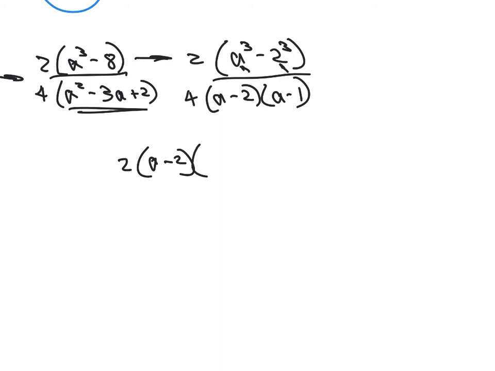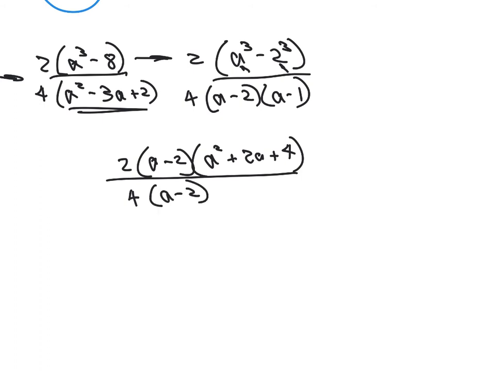And then we've got our first number squared, plus our first number times our second number, which is 2a, plus our second number squared. And that is again over 4 times a minus 2 times a minus 1.